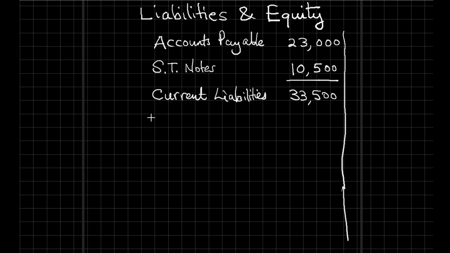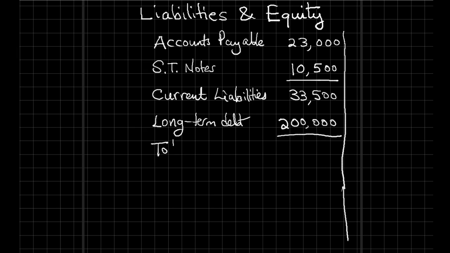We have also long-term debt, so that needs to be considered as well, in the amount of $200,000. Adding up current liabilities and long-term debt will give us total liabilities, and the total should give us $233,500. Okay, so we are pretty much done with the first part.